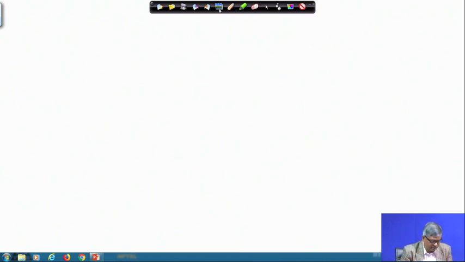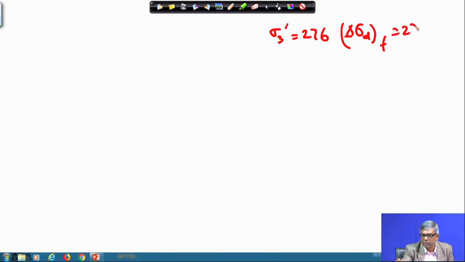As given in the problem, sigma 3 dash, the confining pressure, is 276, and delta sigma d f is also given as 276. So, sigma 1 dash will be sigma 3 dash plus delta sigma d, that means 276 plus 276, which is 552.